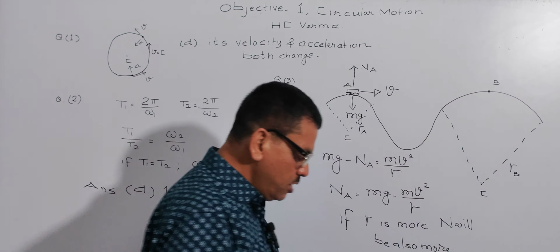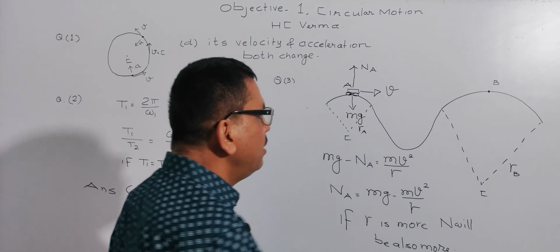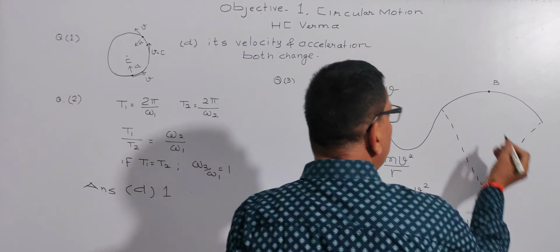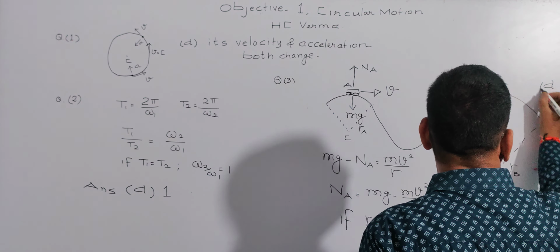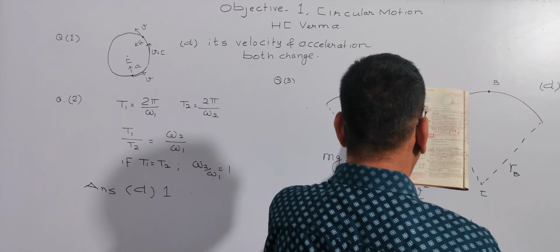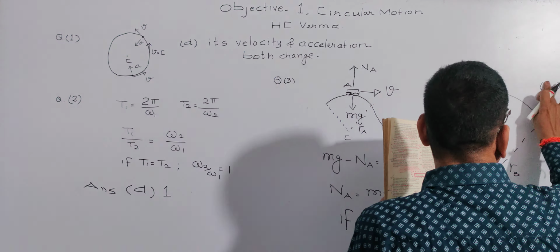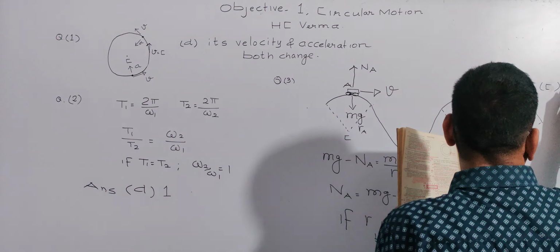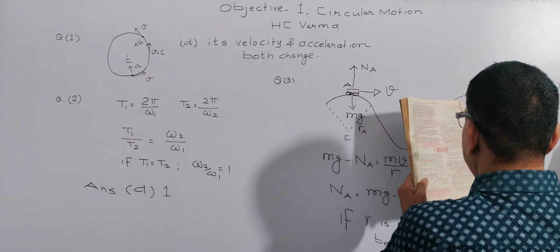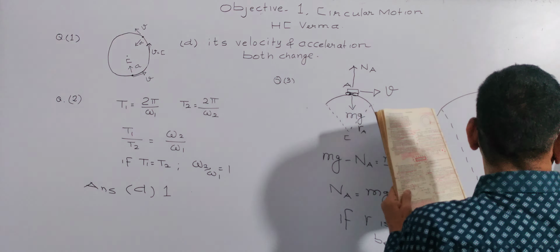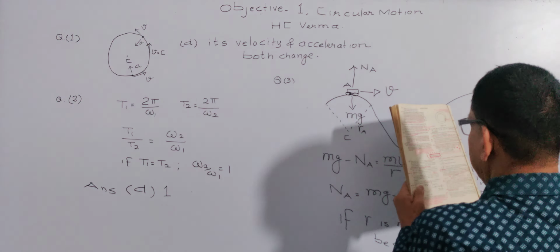So what we observe is that since R is more here, answer C is correct: NB is greater than NA. This is the correct answer.